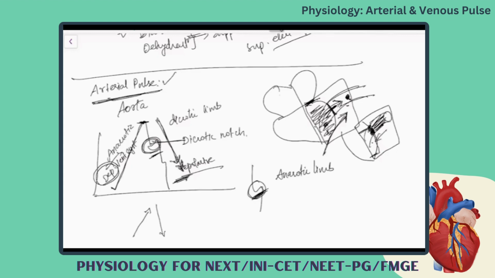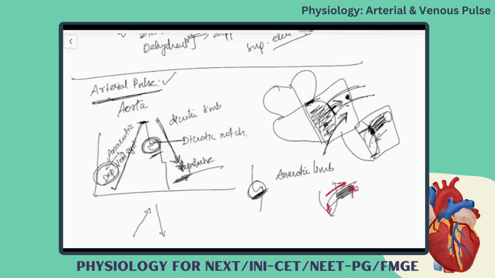What is that? The blood is moving from the ventricles into the aorta. The blood has moved from the ventricles into the aorta. Now the ventricular pressure becomes low and the aortic pressure becomes high. Yes or no? So always blood will move from high pressure to the low pressure zone.